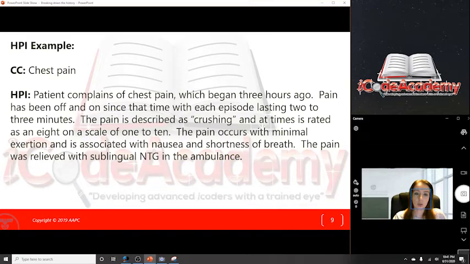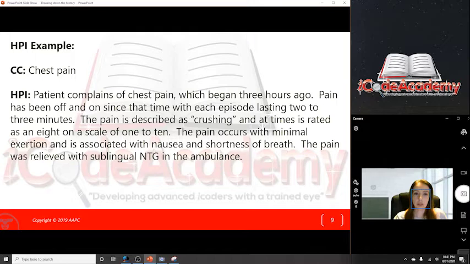The pain occurs with minimal exertion and is associated with nausea and shortness of breath. The pain was relieved with a sublingual nitro in the ambulance. All right, so let's pick this note apart and find our HPI elements. We always want to make sure that we have a chief complaint, which we do. Here we can see it's chest pain.